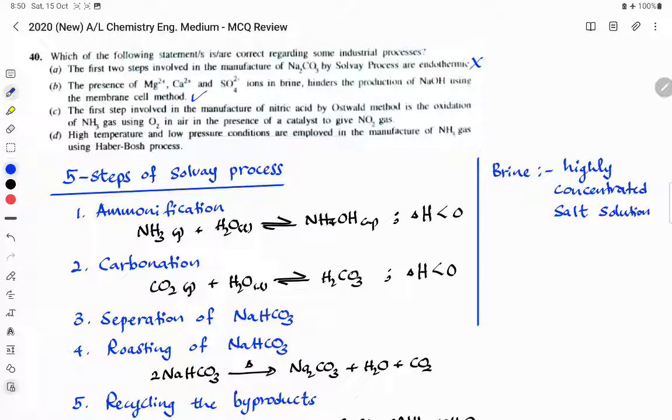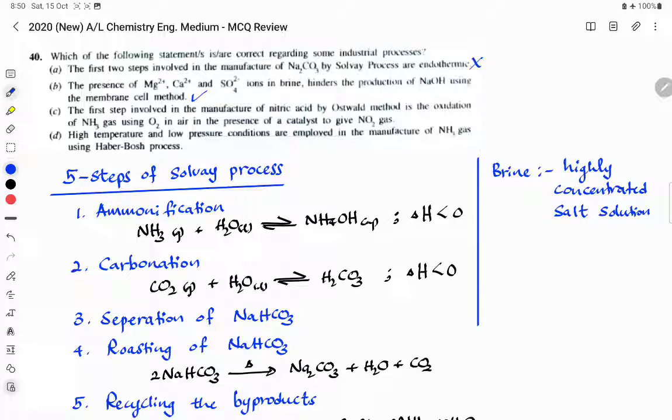So brine solution, the most common natural brine solution is the seawater. If we directly use seawater, it contains lots of magnesium and calcium and also sulfate, and these will get precipitated in the NaOH membrane cell method. Therefore, it can destroy the membrane of the membrane cell.